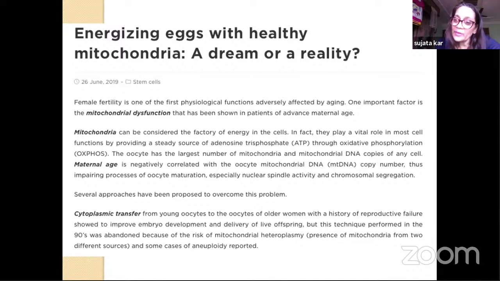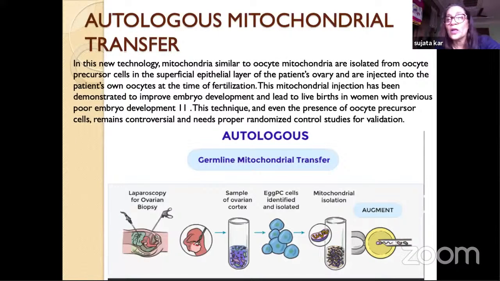The mitochondria can be supplemented from other somatic cells or from blastocysts that have been derived, or it can also be used as autologous mitochondrial transfer, which is a technique which is done like this. You do a laparoscopy, you do ovarian biopsy and take the sample of the ovarian cortex. Some egg precursor cells are identified, isolated, and from then in the laboratory, the mitochondria are isolated and collected and kept.